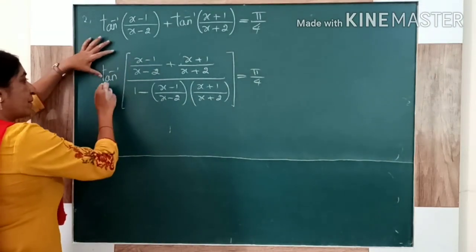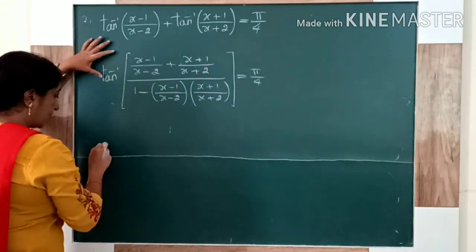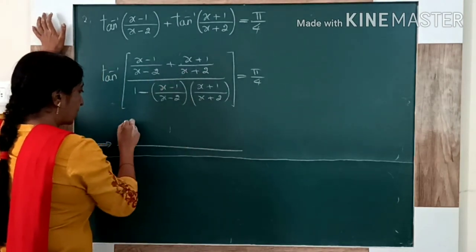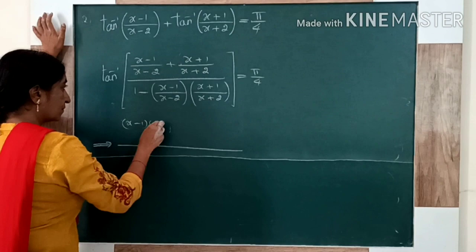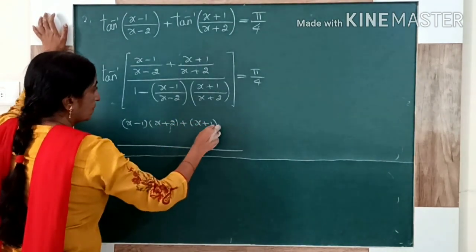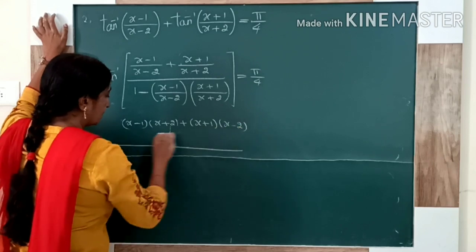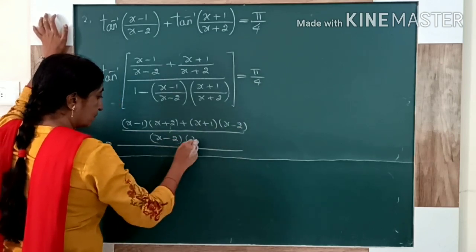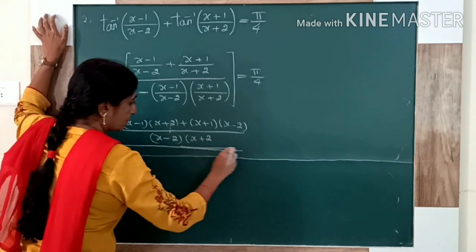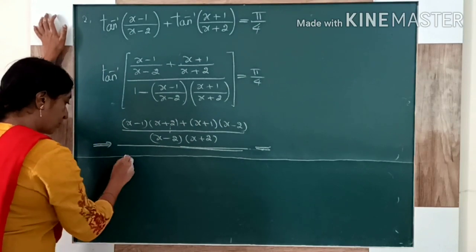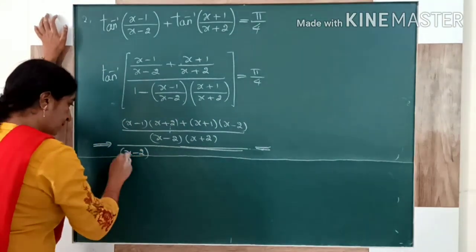In the next step I am taking tan inverse to that side and writing the remaining steps. Here I am taking the LCM, and here also I am taking the LCM.